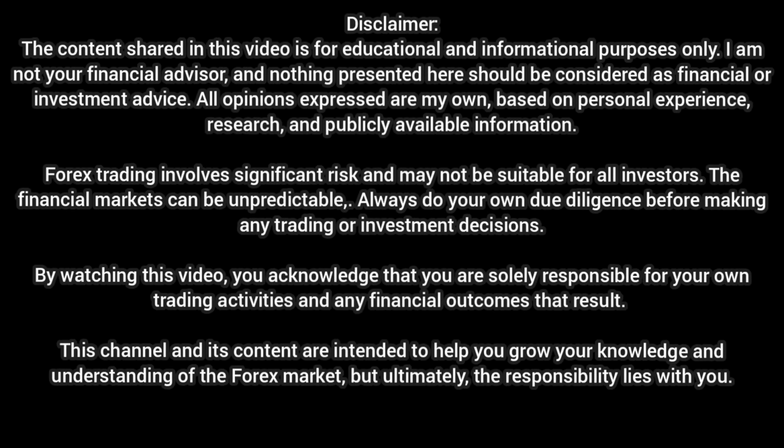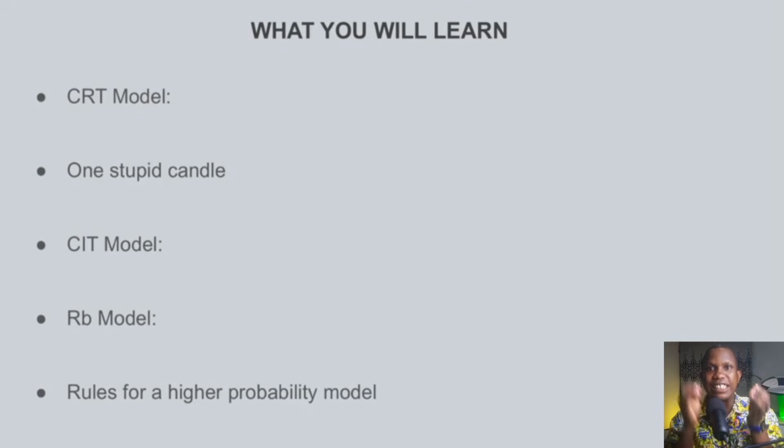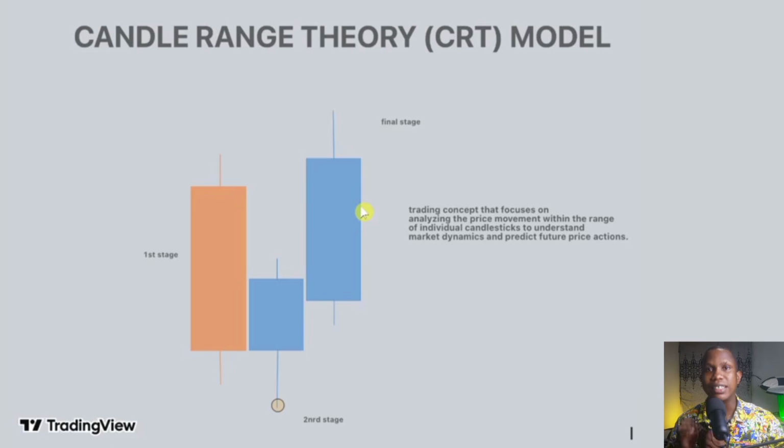So what is the CRT model, guys? It is a trading concept that focuses on analyzing the price movements within the range of individual candlesticks to understand market dynamics and predict future price actions. A range is very crucial in the CRT model.